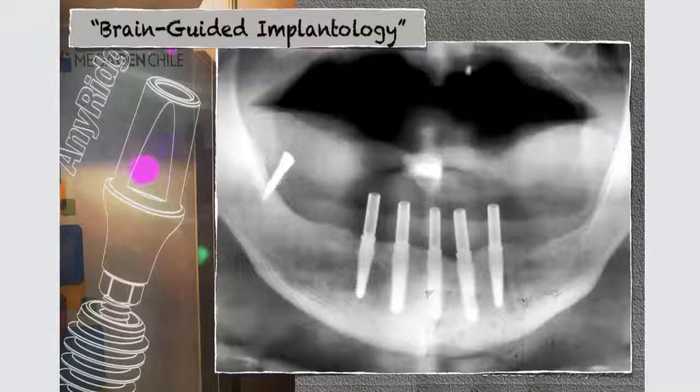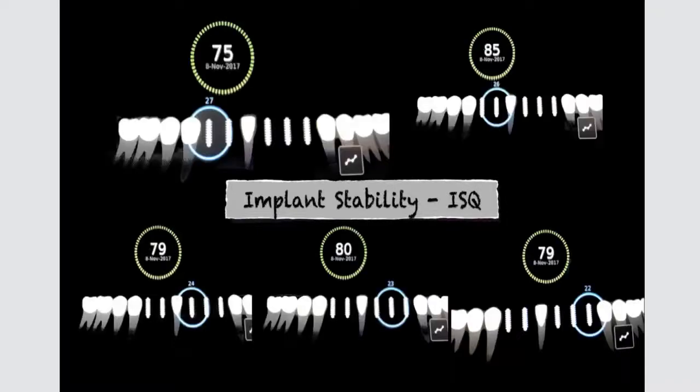So here's the immediate post-op radiograph. We did not take out the implant in the posterior right, and that was specifically because the patient requested that. And we are going to measure, using resonance frequency analysis, implant stability quotient, a value that tells us if the implant is stable in the bone.